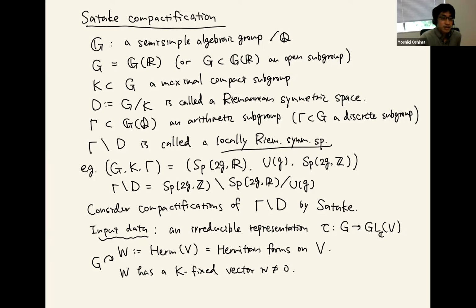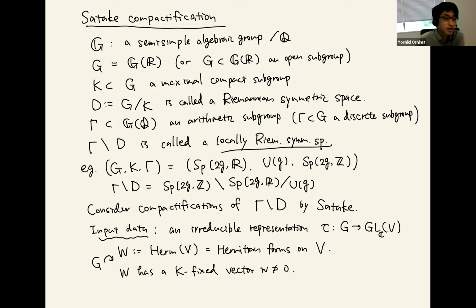Satake defined several compactifications of locally Riemannian symmetric spaces in general. To define Satake's compactification, we need another input data. That is an irreducible representation τ of G. This is a complex representation.